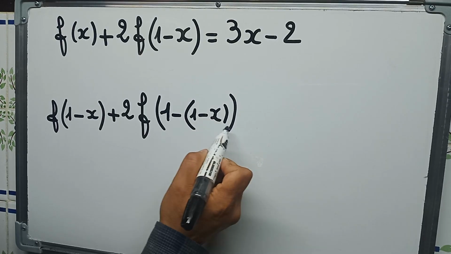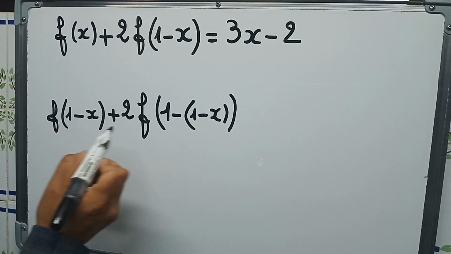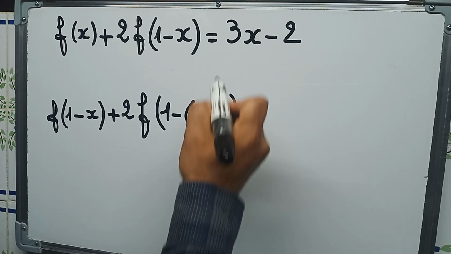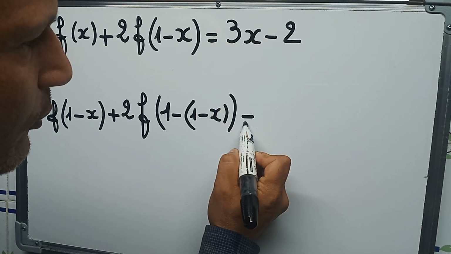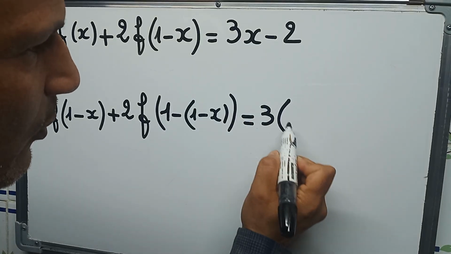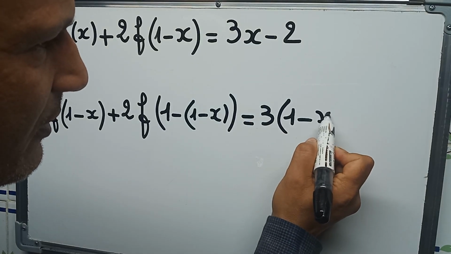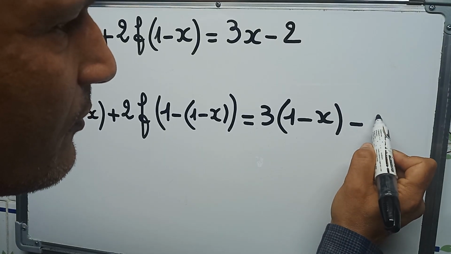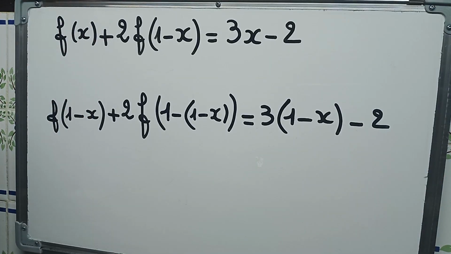And this is the trick, since this number will be just x, and we will have the second equation to make an elimination. So here we will have is equal to 3, and x here will be 1 minus x, because here we started with 1 minus x, minus 2.